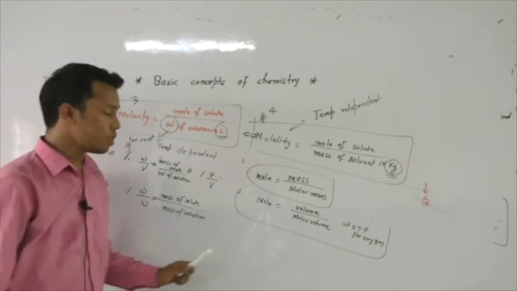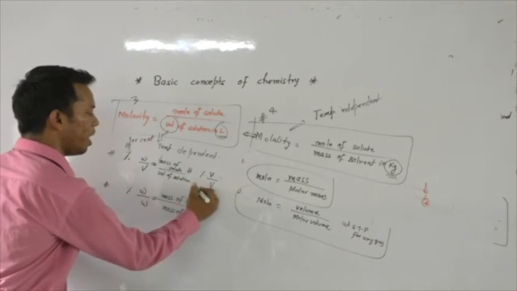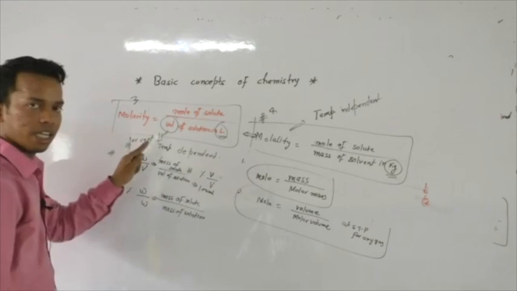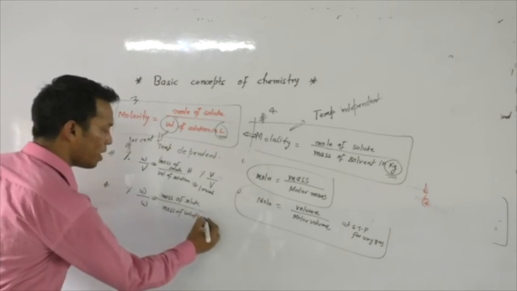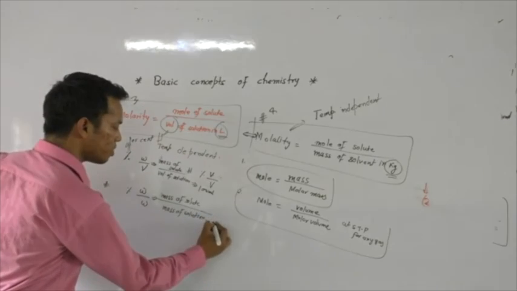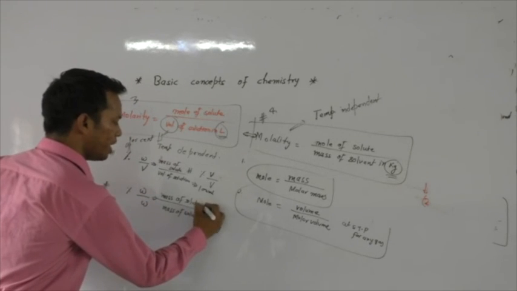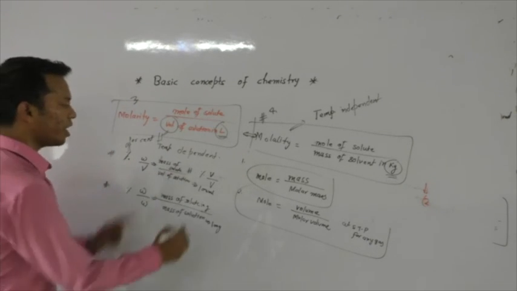I told you volume of solution will be 100 ml because percent is per 100, so here also per 100. So this will be 100 gram, in gram.